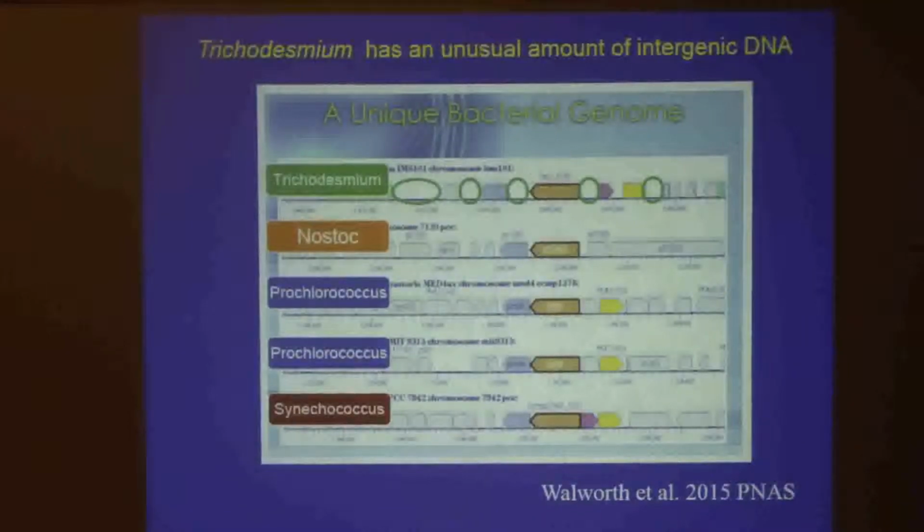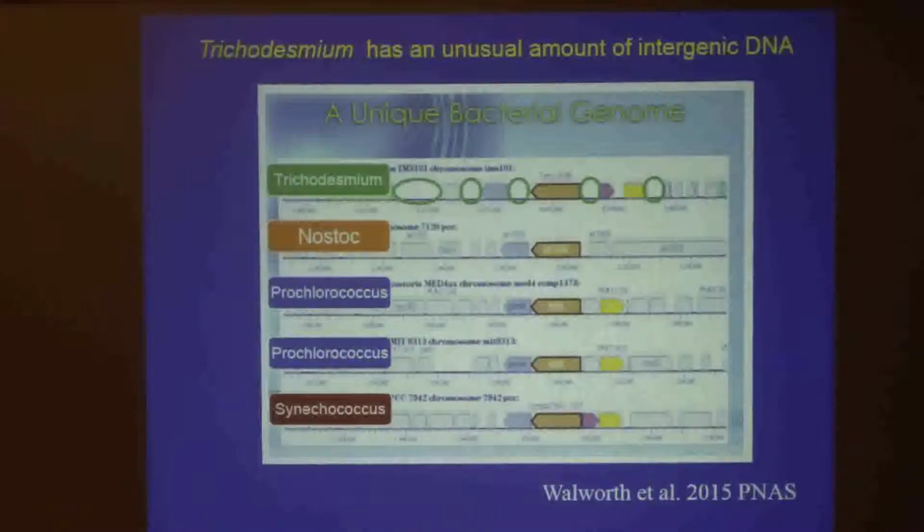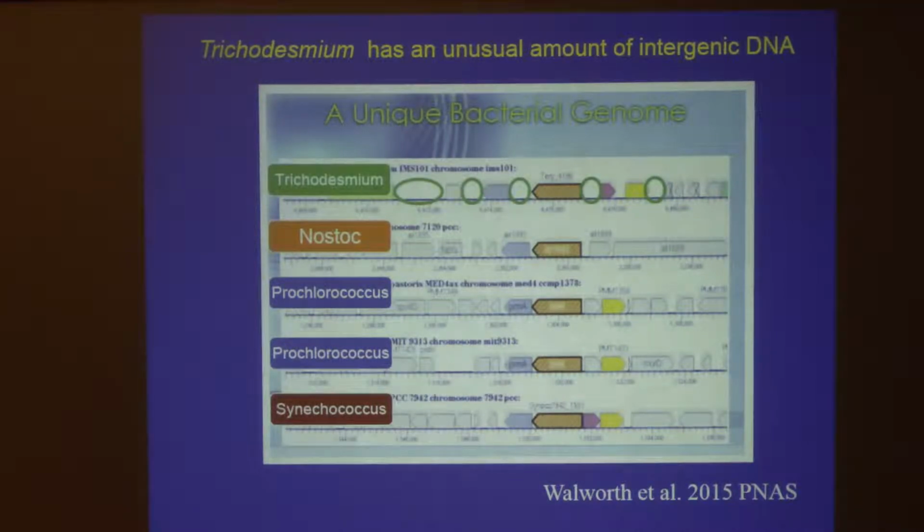In other words, for a prokaryote, the genome of Trichodesmium is littered with intergenic DNA that doesn't code for anything. It's almost like a eukaryote in that respect. 40% of the genome is non-coding. So what's going on here?